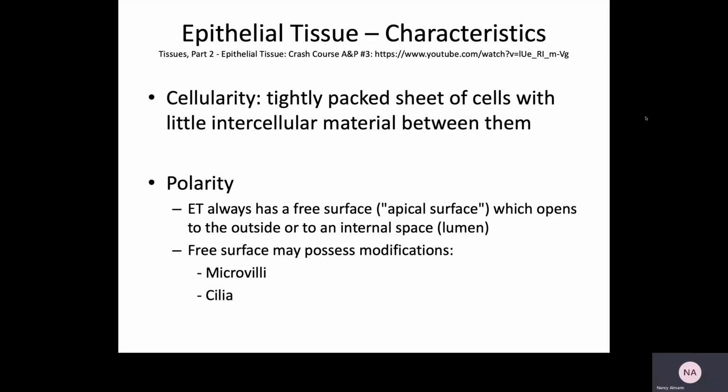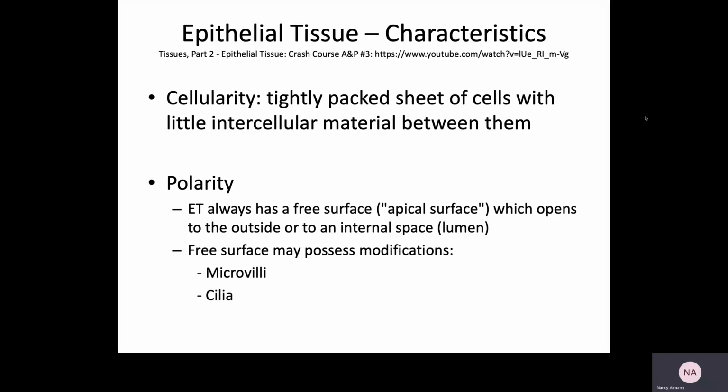Now, that apical surface may allow the cells to have modifications or specializations, which include microvilli. And you remember microvilli are found on epithelial tissue and only epithelial tissue, and they are going to increase surface area for increased nutrient absorption.